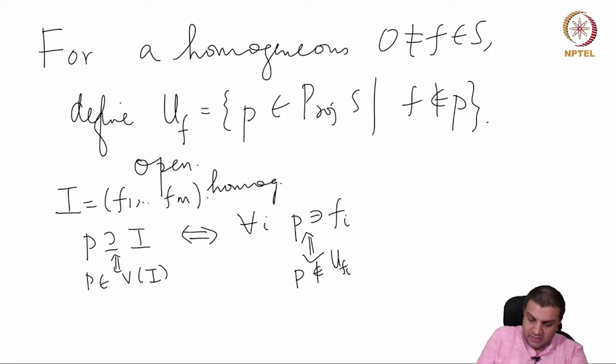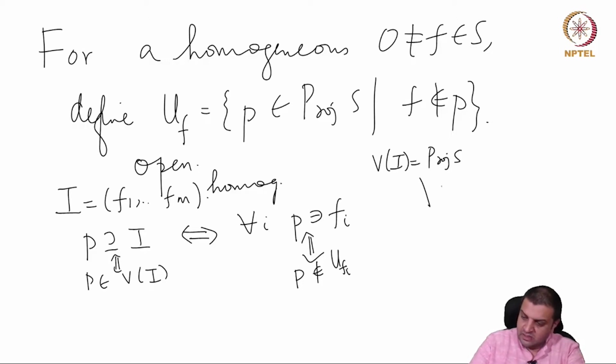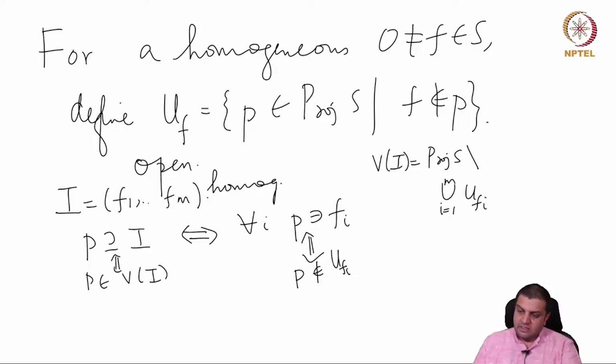So P is in V of I if and only if P is not in UFi for all i. So V of I is Proj S minus the union of the UFi, for i from 1 to m. Every closed set, or in other words, the open set Proj S minus V of I, is a union of these basic sets.